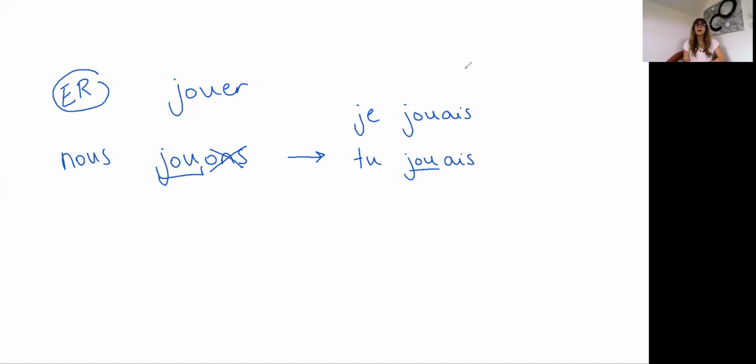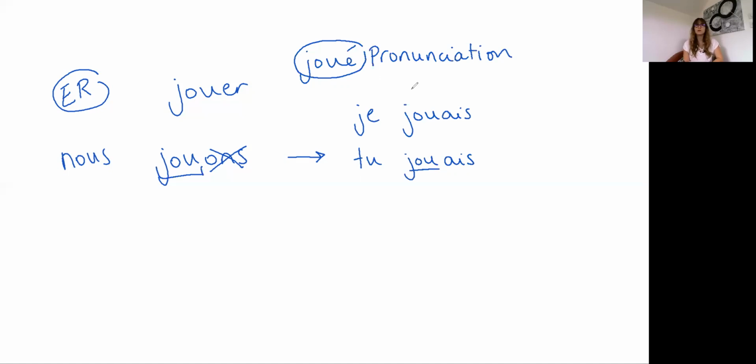To pronounce, yes, it is pronounced exactly the same as this. So for your pronunciation, you pronounce it the same as if you were saying é with an accent, except that it's not é accent.